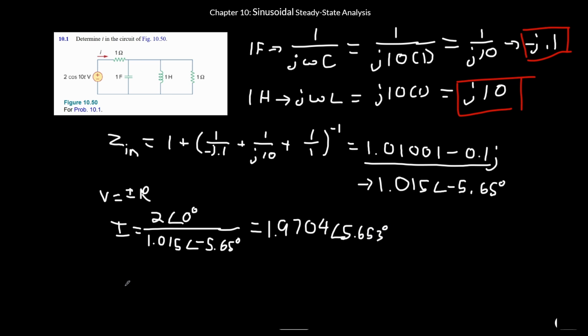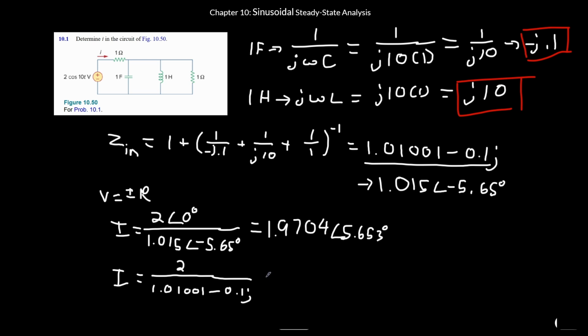So you could do it like that, or if your calculator is like mine and it does not like polar, we could also just do it the other way, which would just be 2 over 1.01 minus 0.1 J. We just get 2 because, of course, there is no degrees here, so our voltage is just 2.